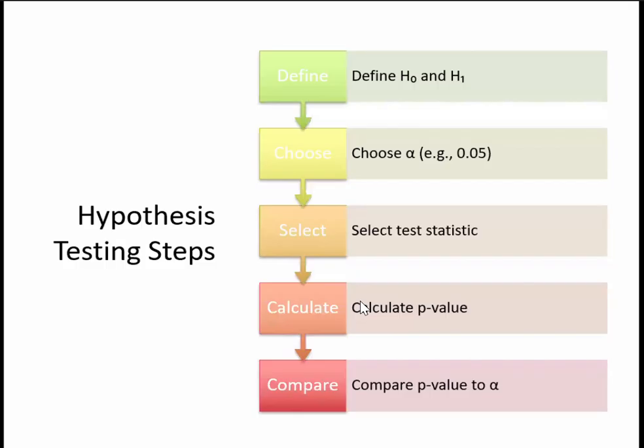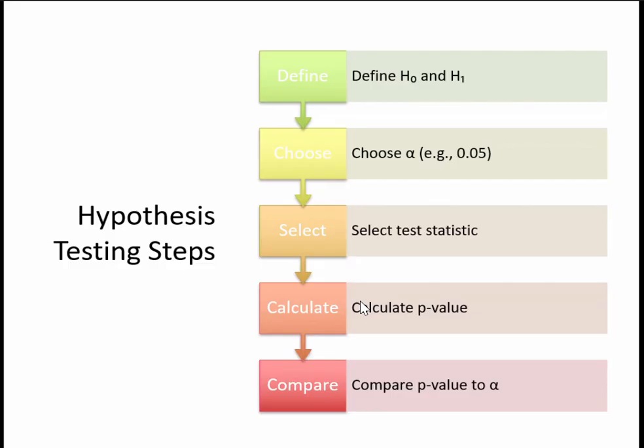And then the next step is selecting a test statistic. We have about 4 test statistics that we can use. We have a t-test, a z-test, and a chi-square. Those are the commonly used statistics.